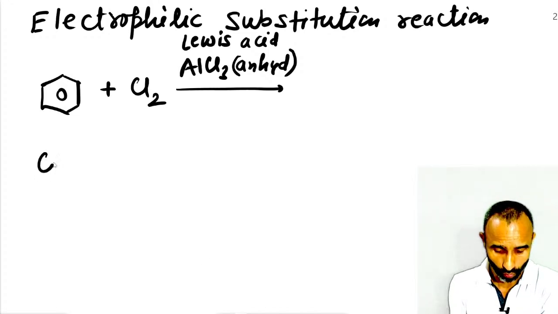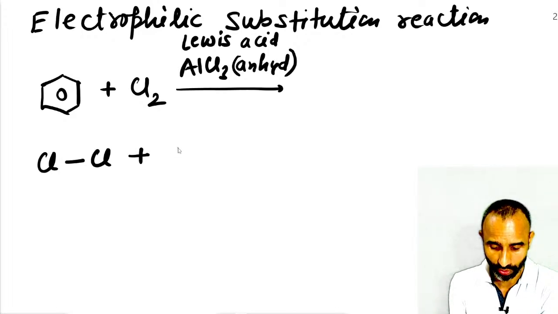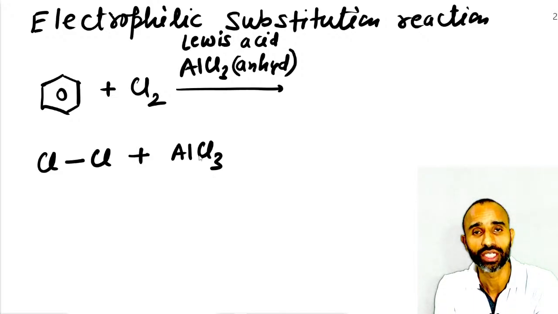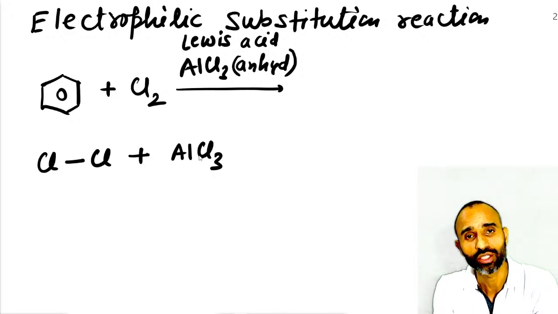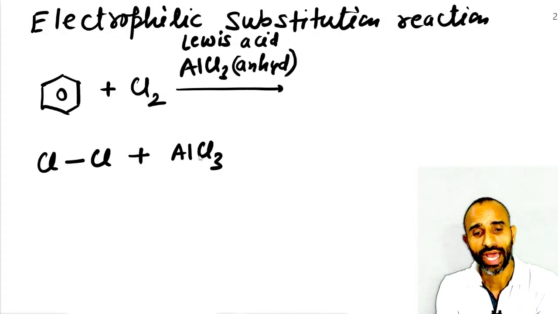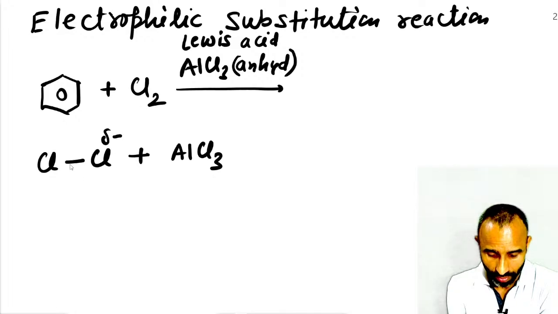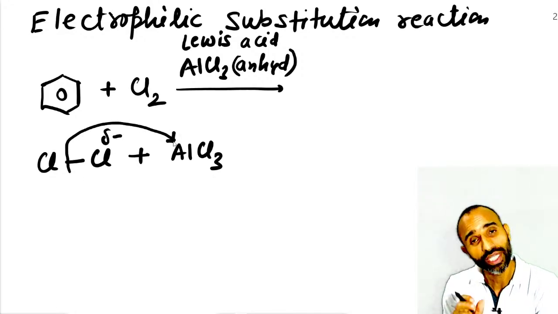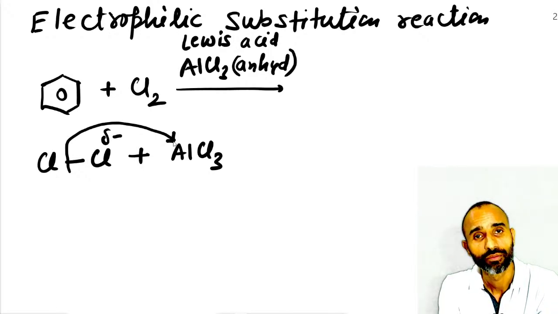So what will happen? When the Cl-Cl bond comes in contact with AlCl3, which is electron deficient, this electron deficient AlCl3 will attract chlorine with its electron pairs.